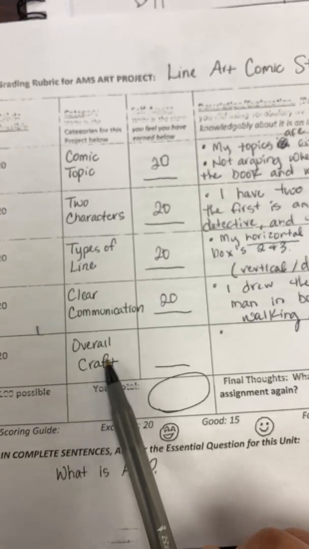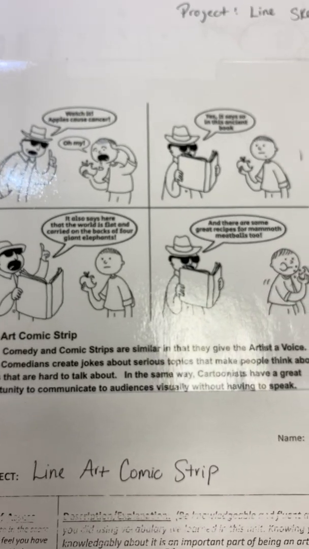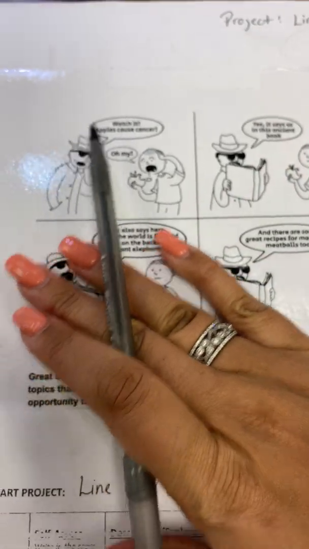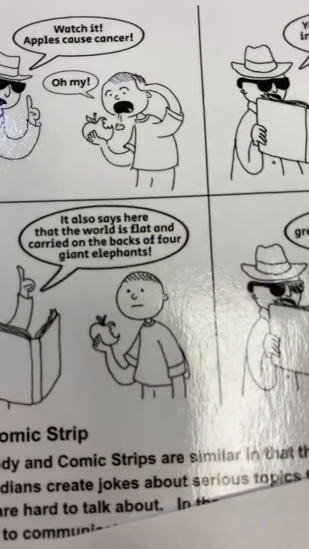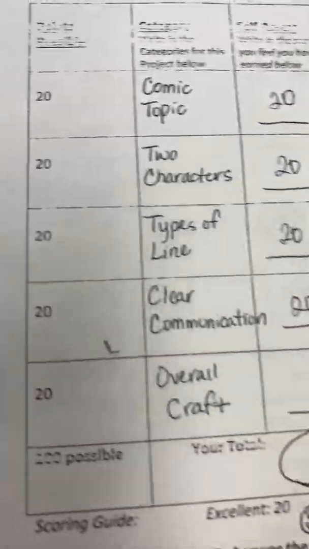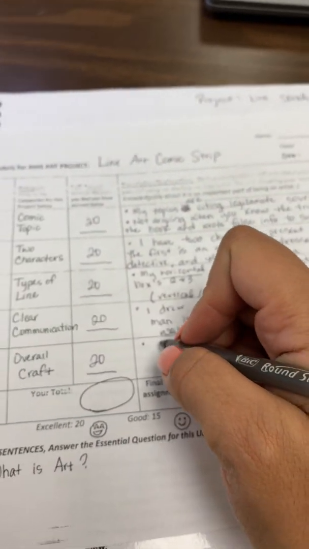And then overall craft. Did you trace your entire drawing with your black Sharpie or black colored pencil? Is it clean? Is it neat? Did you get rid of smudging? And then you just write a statement saying that.